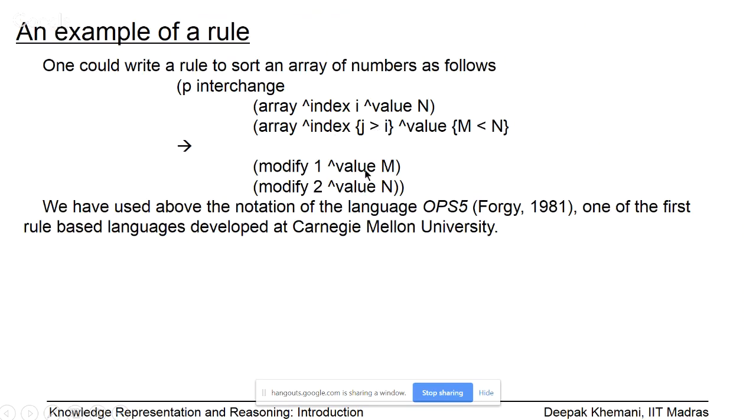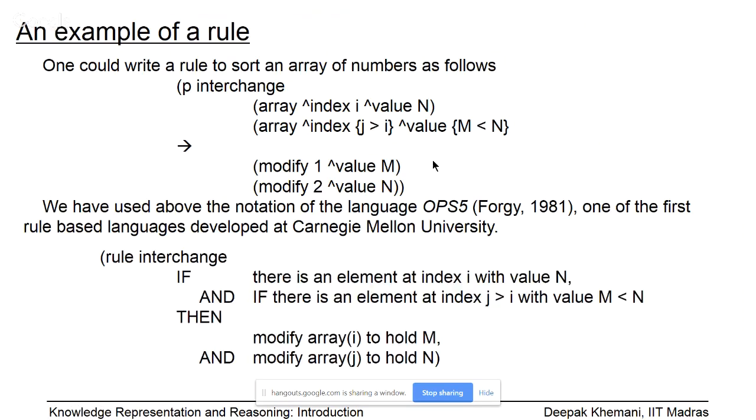So this is a small rule which can be used to interchange two elements in an array, and it says that if the element at index i has a value n, and if an element at index j which is greater than i has a value m which is less than n, then you should exchange the values by saying that the first value should become m and the second value should become n. And this is a kind of language which a forward chaining system, a rule based system, uses.